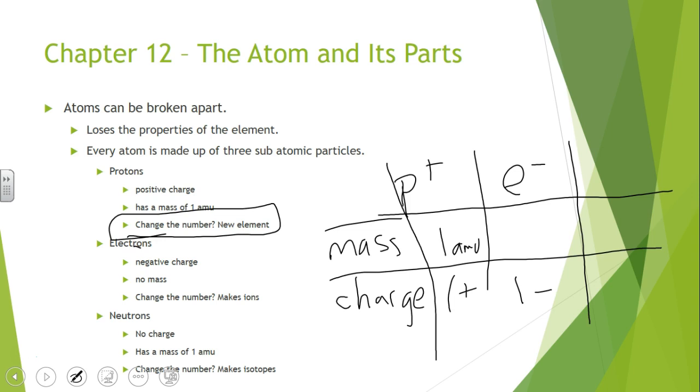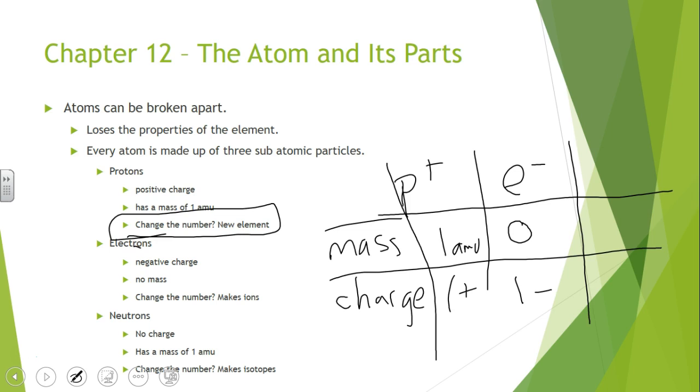But here's the really funny thing: electrons are super, super tiny, even compared to a proton. An electron is about 2,000 times smaller than a proton. Because it's so much smaller, we can say that an electron has 0 mass. It has a mass, but it's so small that it doesn't really matter.